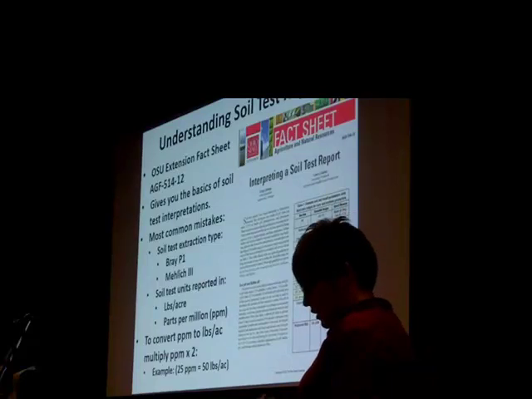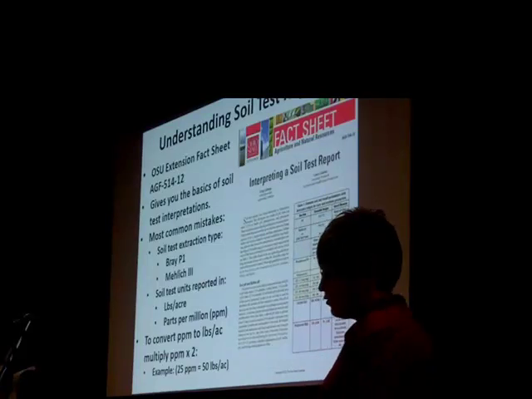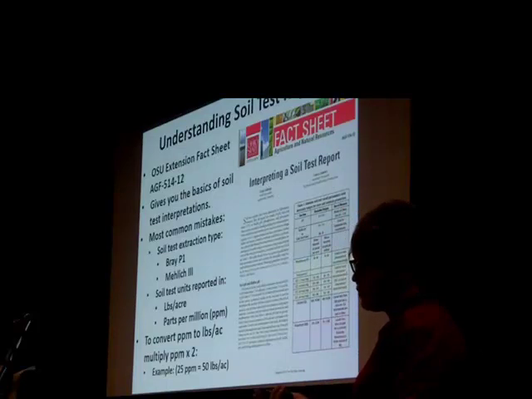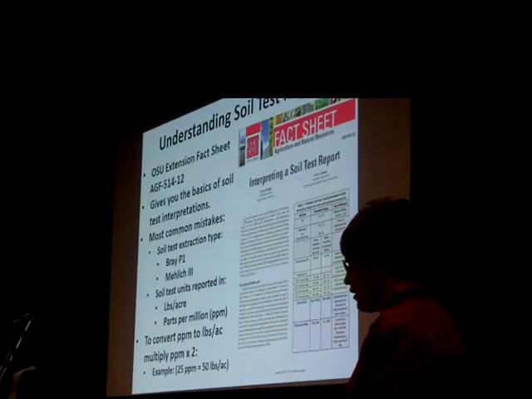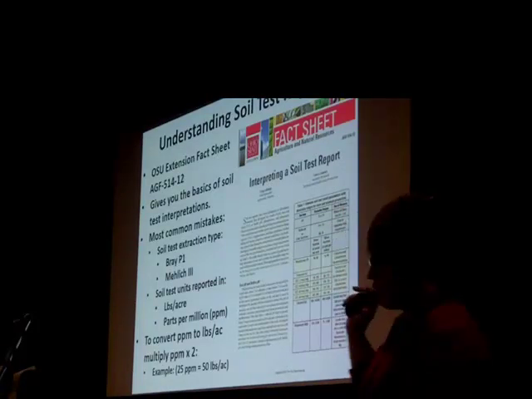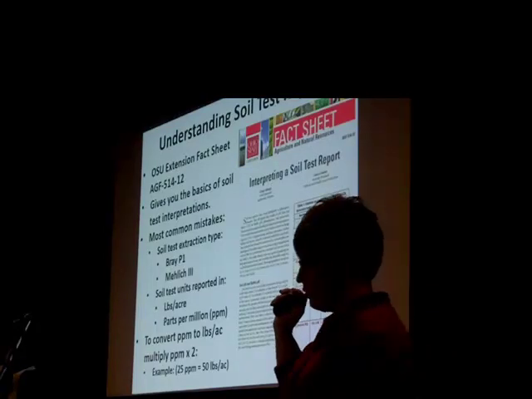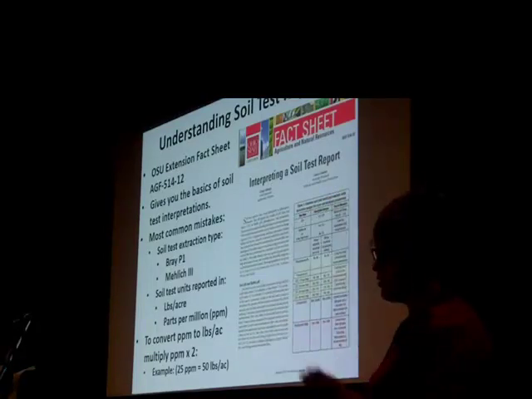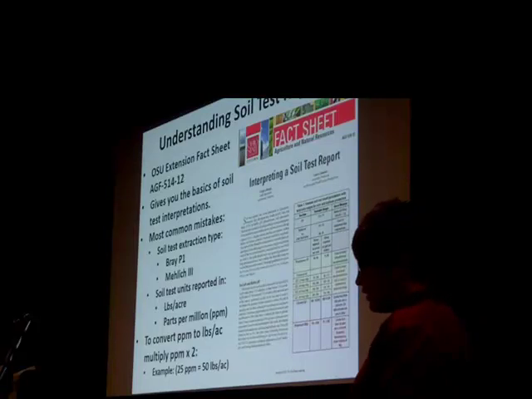Our biggest problem is recognizing whether it's in parts per million or pounds per acre, and there's a simple math: multiply by 2 to get that. But looking at soil test reports, we had a lot of guys thinking, hey, our soils are okay. They were reading them in parts per million. Right away, when you start doubling those, their 100 parts per million soil test is now 200.